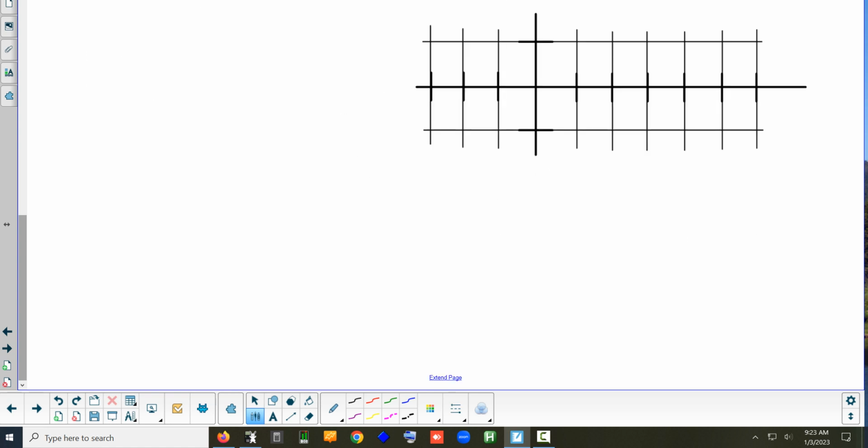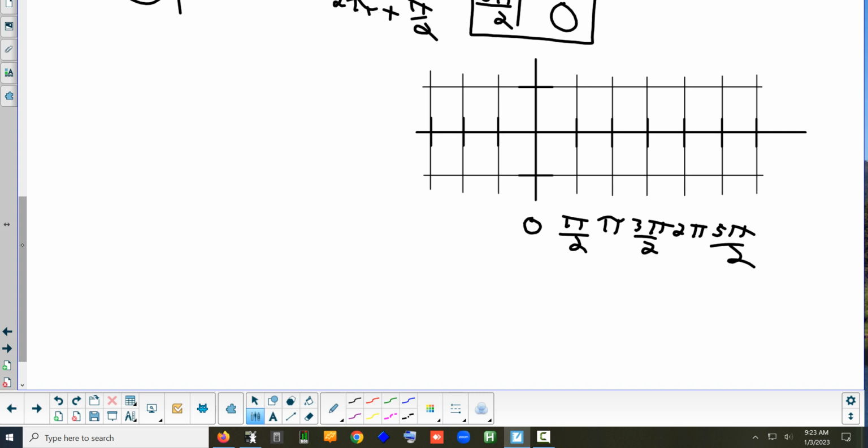So we do need to label these. 0, pi over 2, pi, 3 pi over 2, 2 pi, 5 pi over 2. So that's my x-axis labels. Make sure you put them low enough so you have room to draw and you don't draw through your points.